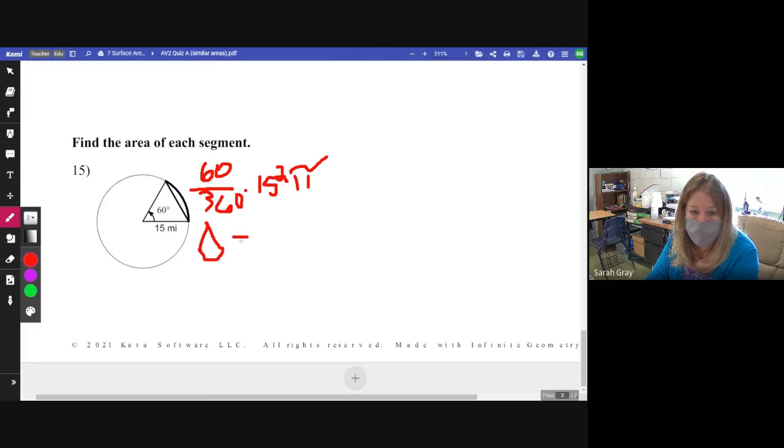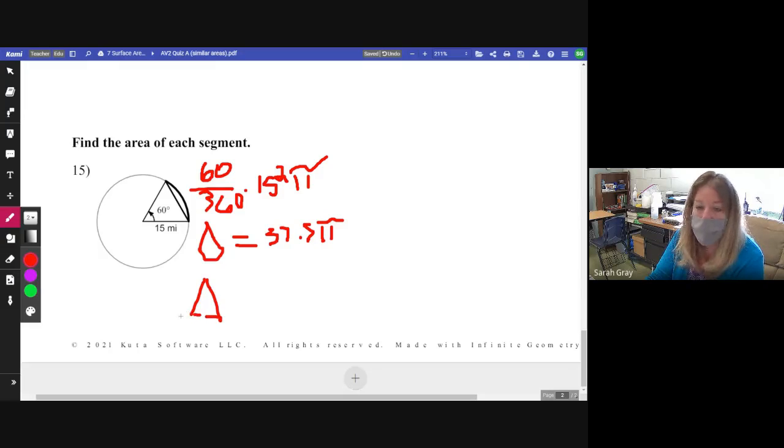So we have the area of this sector is 15 squared times 60 divided by 360, 37.5 pi. But then we need to find the area of the triangle and subtract them.